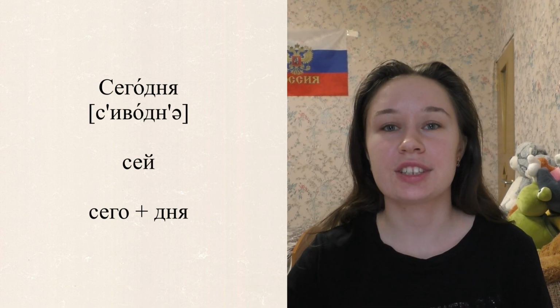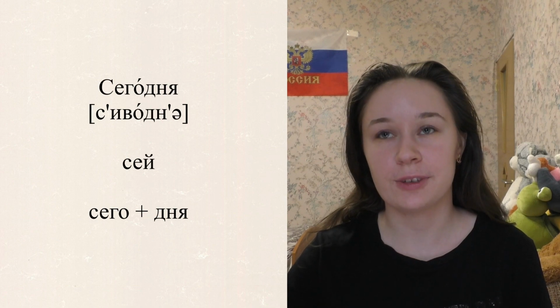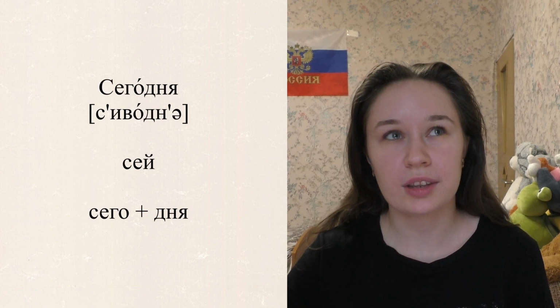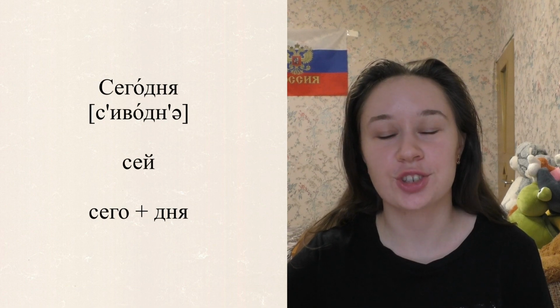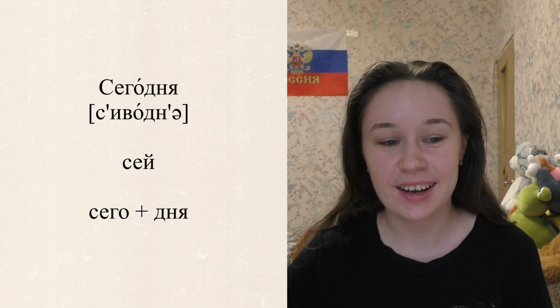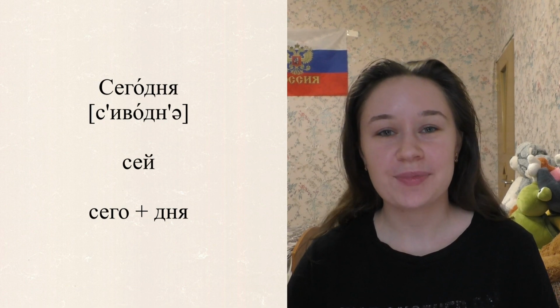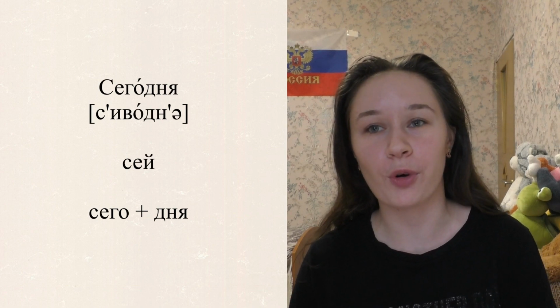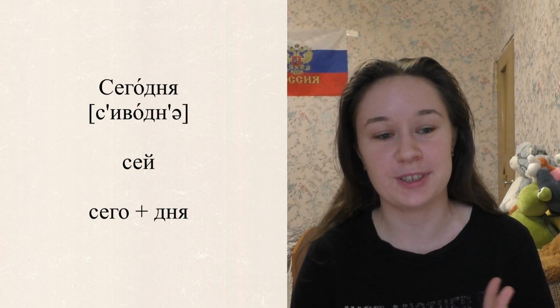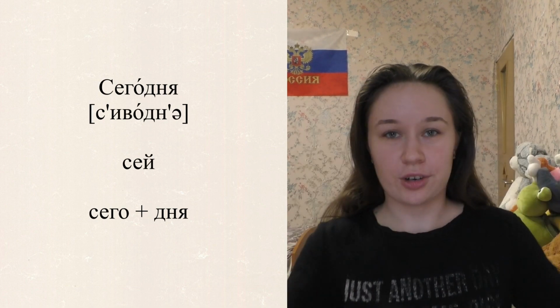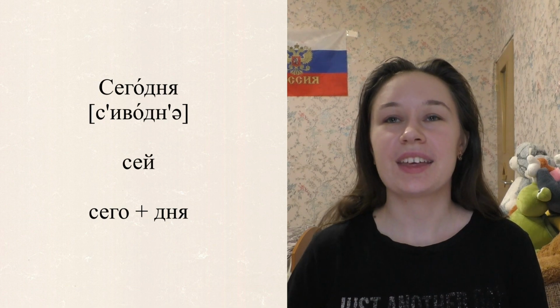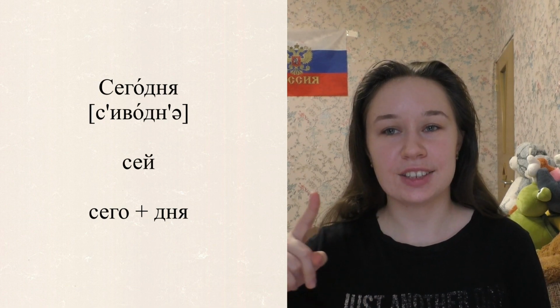In Russian, there is such an outdated adjective like сей. It's a very, very old word, which has survived to this day. And as you see, дня is in the genitive case and всего is a genitive case form of the adjective сей. Just for general understanding, when we say сегодня, that literally means of this day.